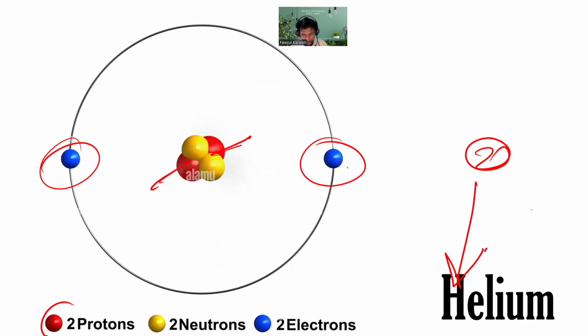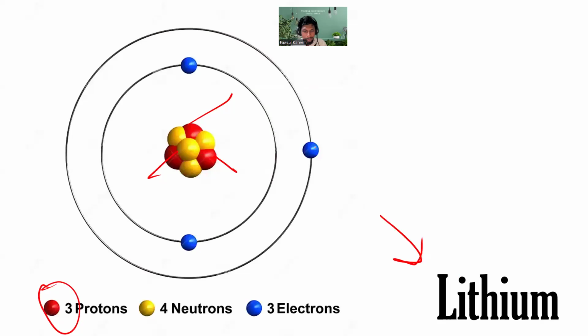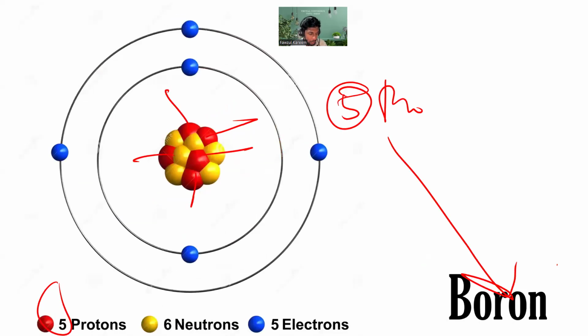Then you may ask, sir, why are we looking for protons? We can look for the electrons now. Am I right or no? Always you are telling the number of protons is a fingerprint. Then why can't we say the number of electrons is a fingerprint? Okay, wait. I'll explain. So here they have 5 protons.